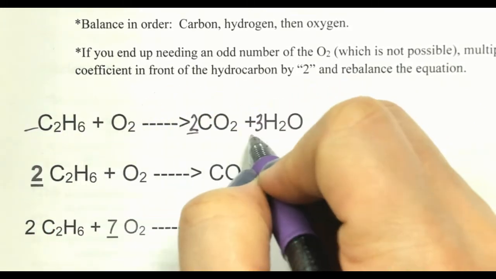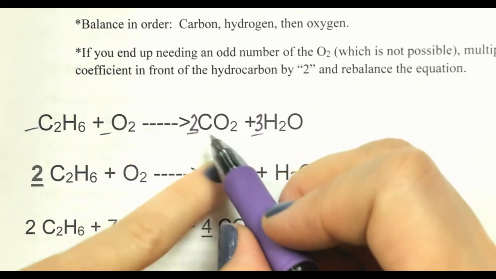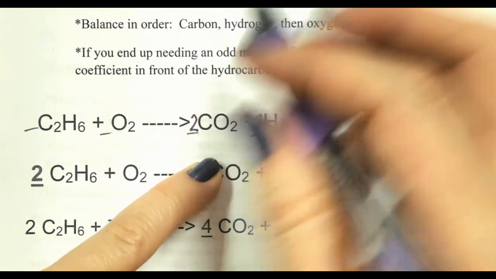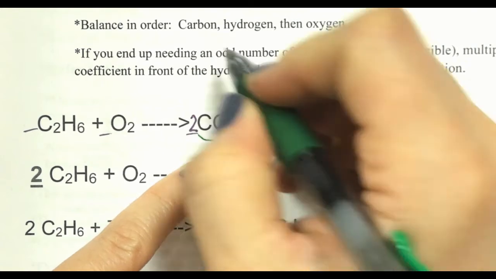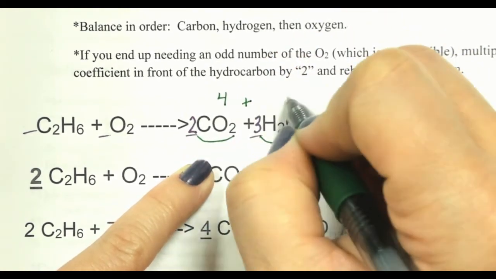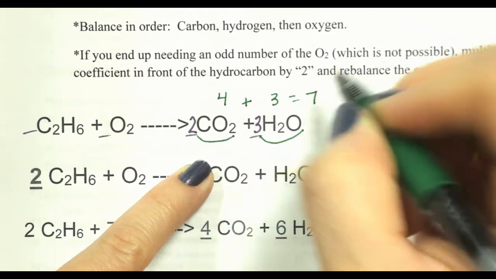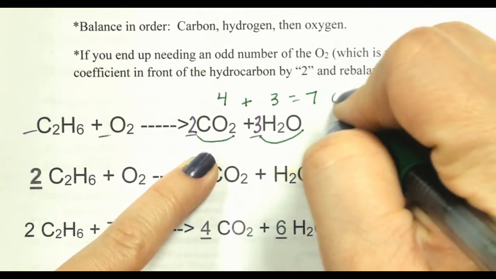Now we're on to oxygen. And on the left side we have 2. But on the right side we have 2 times 2 is 4 plus 3 equals 7 oxygens on the right hand side, which is an odd number.